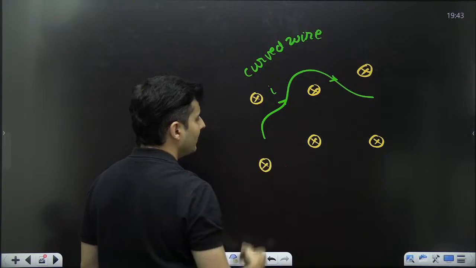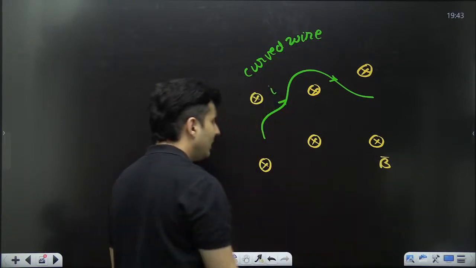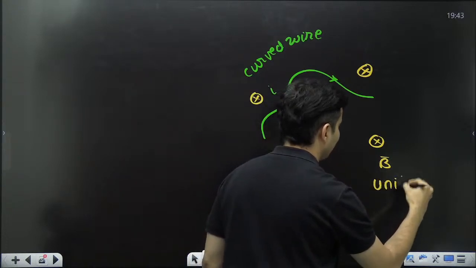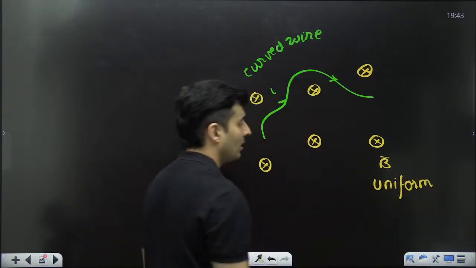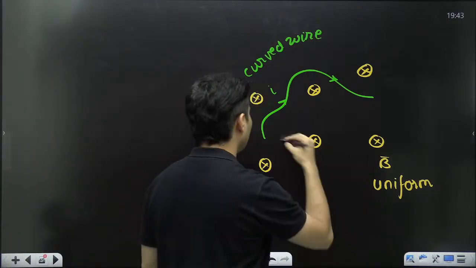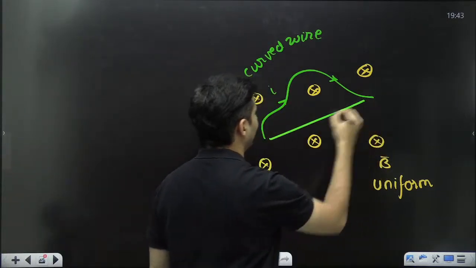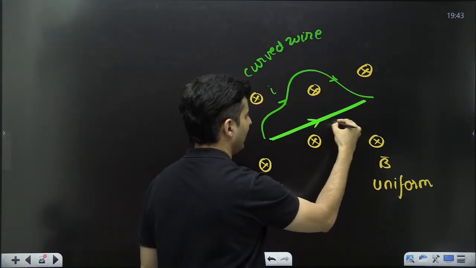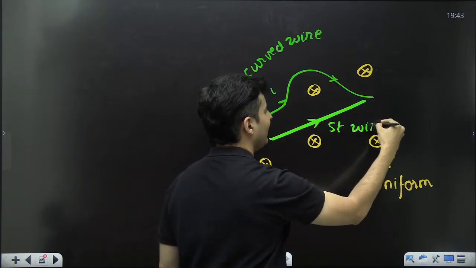This is the magnetic field B. What you can do is, if this magnetic field is uniform, that's very important, not for non-uniform, only for uniform, forget the curved wire, replace it with a straight wire with the same current.